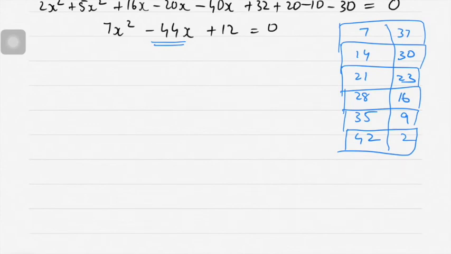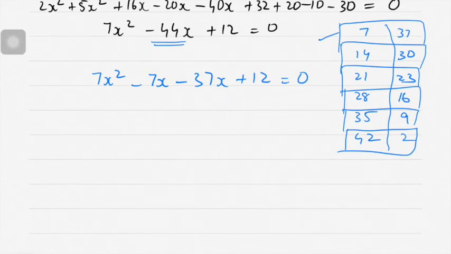Okay, but there is one more criteria. My remaining bracket should also be same. For example, suppose I take 7 and 37, what will happen? See, 7x square, instead of writing minus 44x, I'll write minus 7x minus 37x plus 12 is equal to 0.